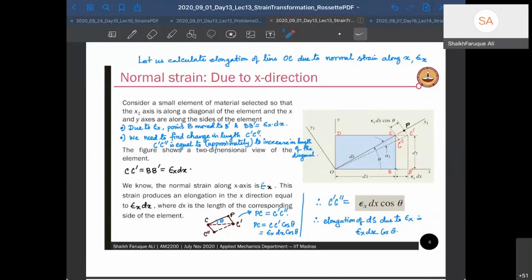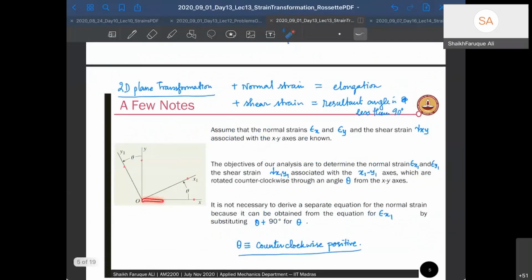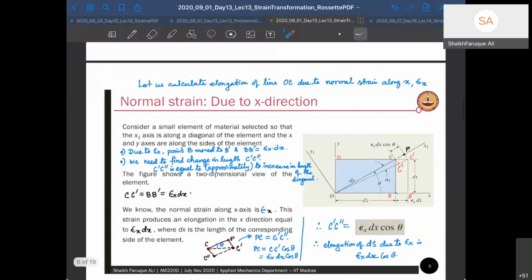So this is my elongation along x, and this is my elongation along x1, right? If I put my x1 axis along the diagonal, and if I can find how much the diagonal has elongated, I will find my normal strain along the x1 axis. That's the whole objective, right?